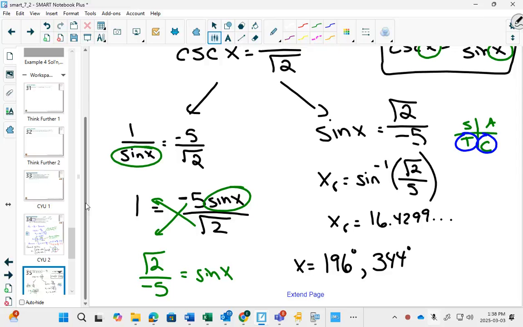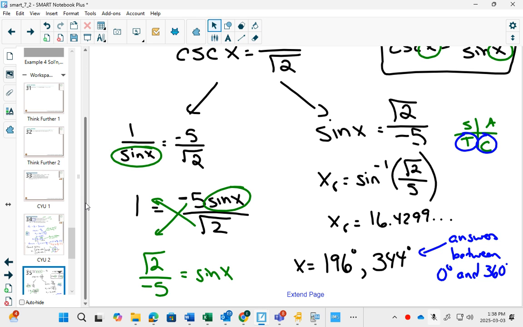Again, I'm going to make a little note. Very typical to always start by stating your answers in the first time around the circle. So 0 to 360, I found my two answers.